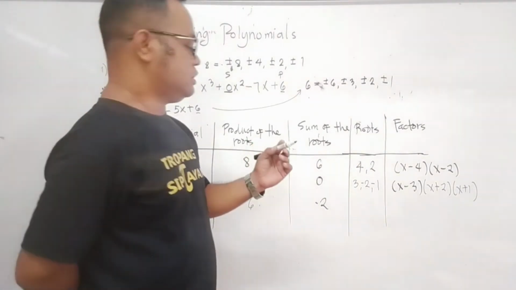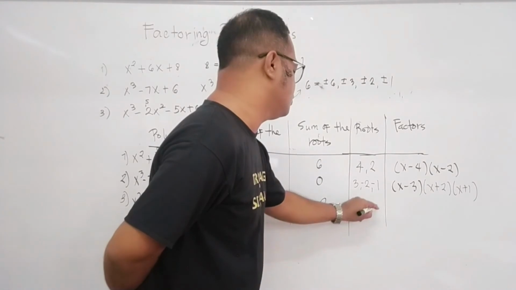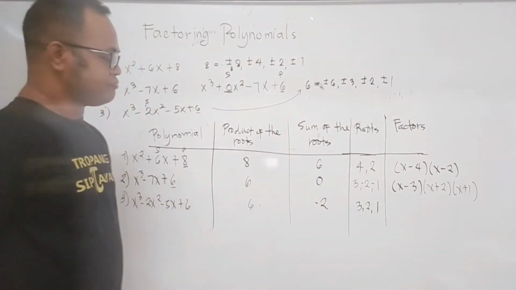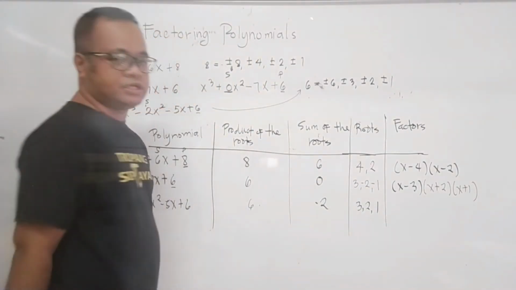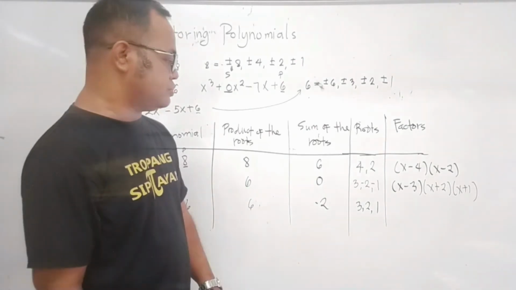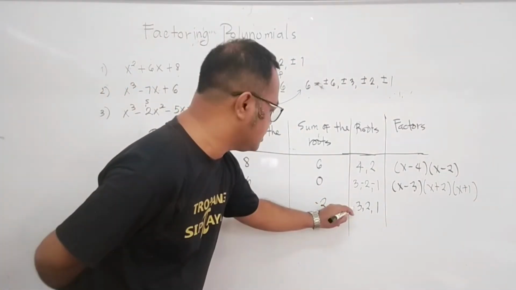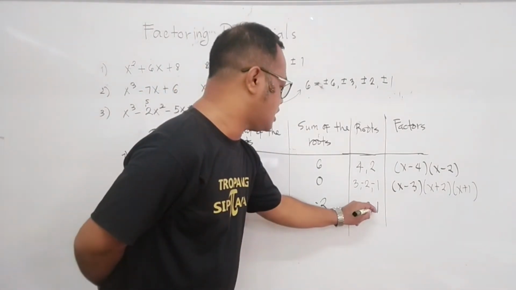So, let's write here 3, 2, 1. The product is 6. But when you add it, the answer is 6. And it should be negative 2. So, you write negative here. Try to write negative here. Negative 3 and negative 1.